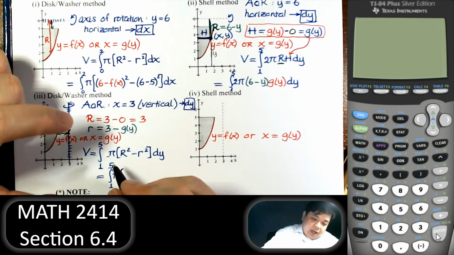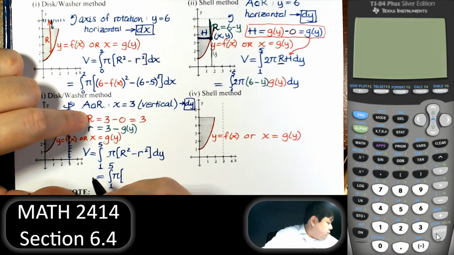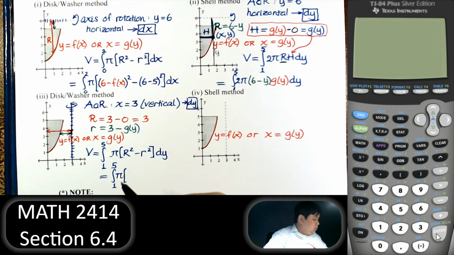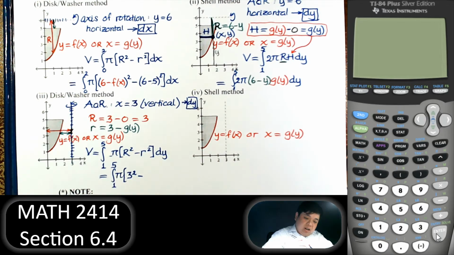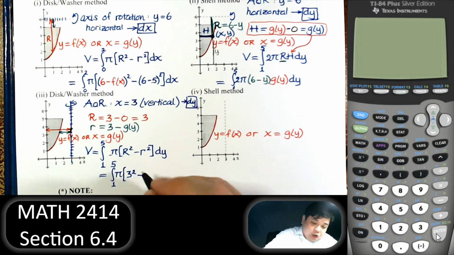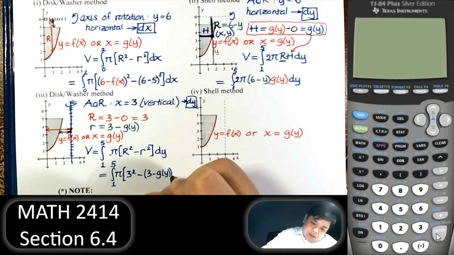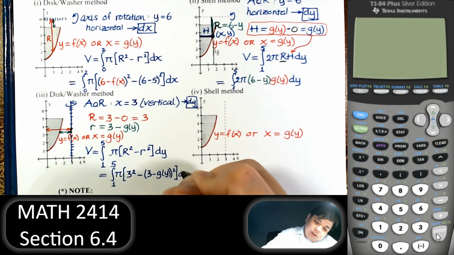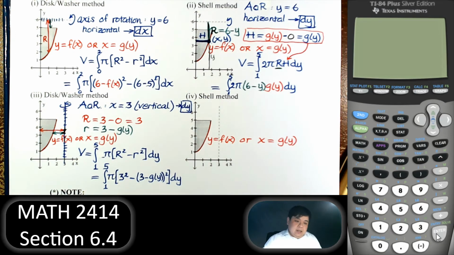R squared will be 3 squared, minus little r squared, 3 minus g of y squared. Right. Cannot integrate this because we don't have a function. Right, so that's it.